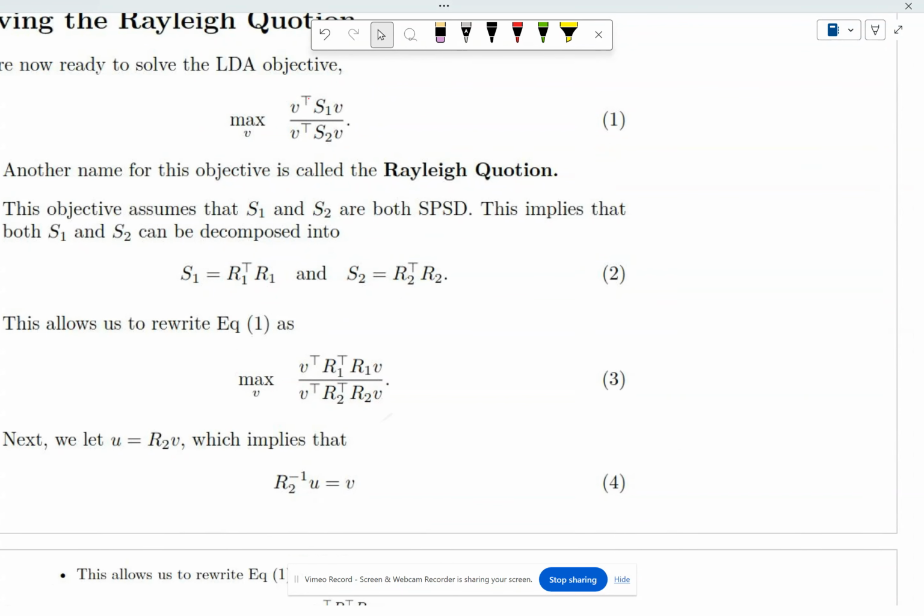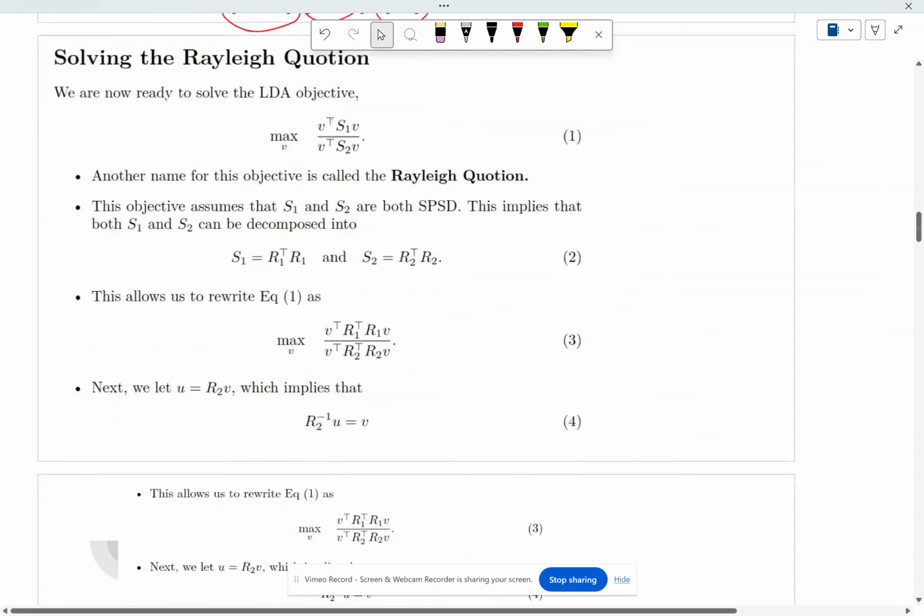After this, I'm going to do a variable change.